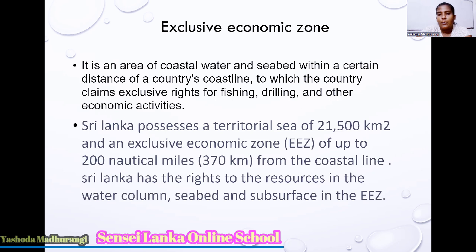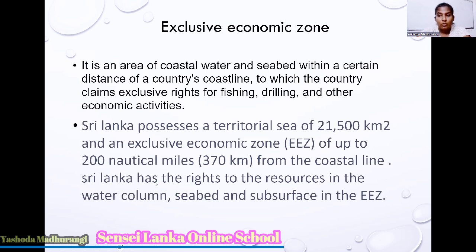So Sri Lanka possesses a territorial sea of 21,500 square kilometers and an exclusive economic zone, in short form EEZ, of up to 200 nautical miles, or in kilometers 370, from the coastal line.